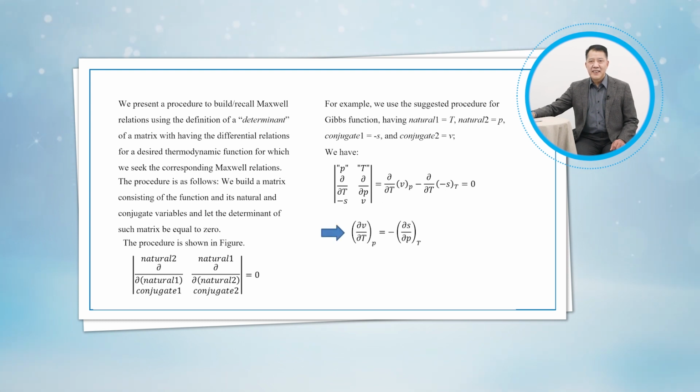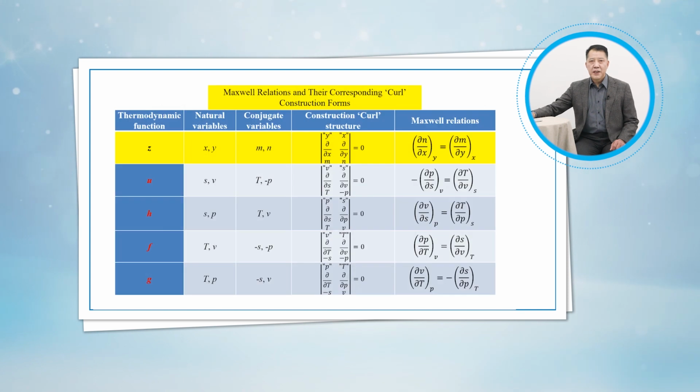This gives the relation as expected. For reference, we list all the Maxwell relations in the table. Pay particular attention to the natural variables and the conjugate variables in the construction and curl structure in the table.